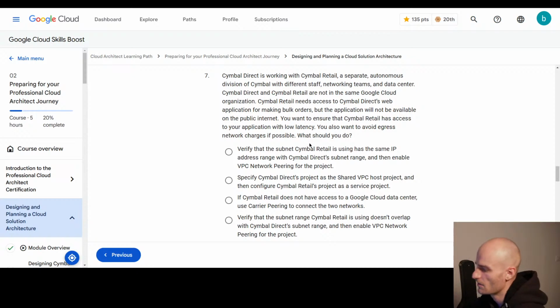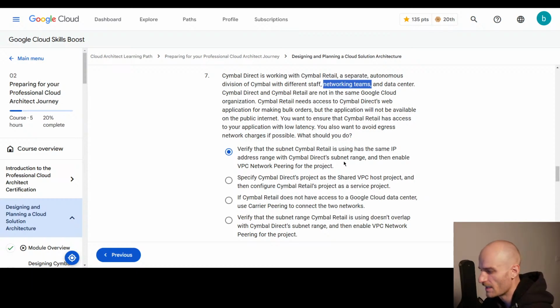It's not possible, I think, because it has different networking teams. Therefore, an IP address range will be under the hand of just one team, I think.